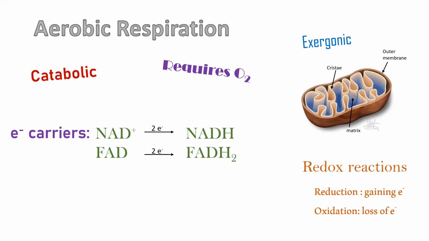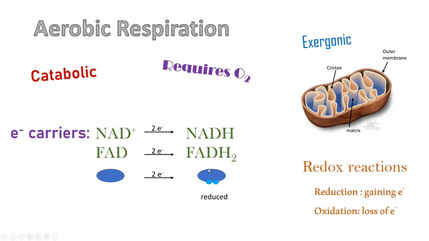Okay, so let's do a visual of this real quick. So here's our little empty electron carriers. They're just chilling, looking for some passengers. And then when they pick up two electrons, here's just a model of what's happening. Those light blue circles are my electrons. They have now gained electrons. So NADH and FADH2 are said to be reduced because they've just gained two electrons.